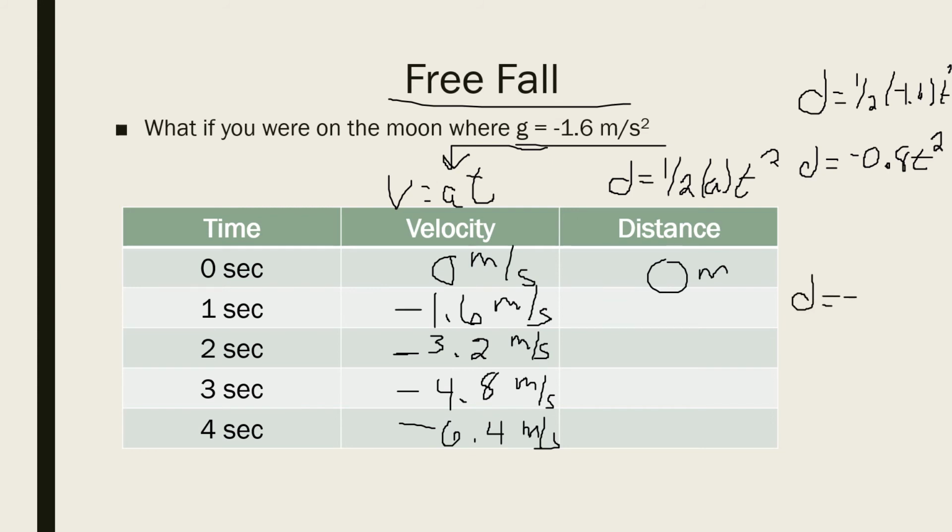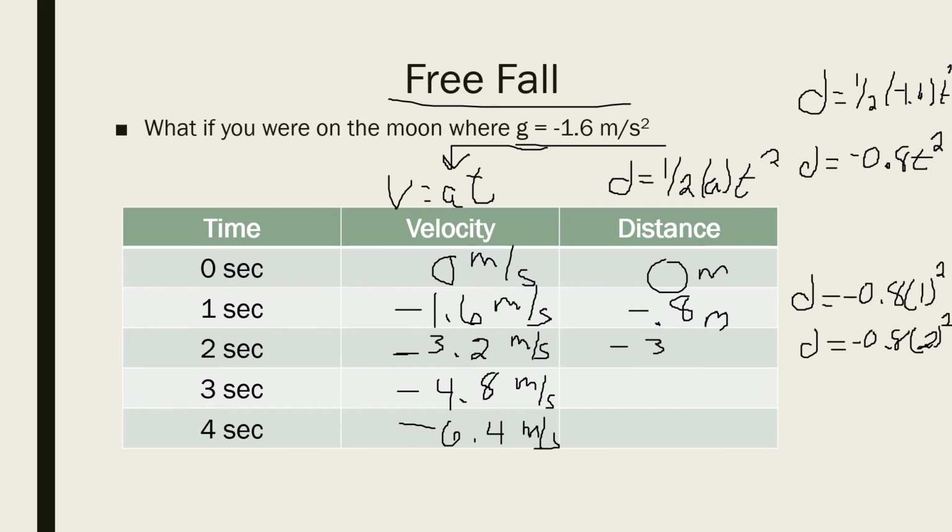D equals negative 0.8 t squared. And then you're going to do it again, and the only thing you're going to change is the time. Nothing else. So of course that's got to stay squared.